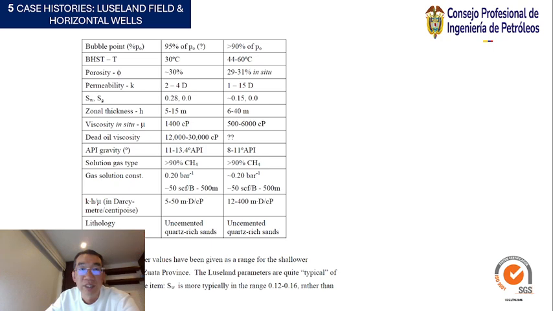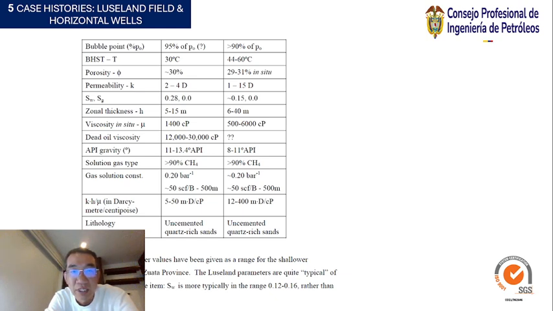The porosity in Luseland is about 30%, and the other is 29 to 31%. Permeability in Luseland is 2 to 4 D, and the others is 1 to 15 D. And thickness in Luseland is 5 to 15 meters, and the other oil field is 6 to 40 meters.